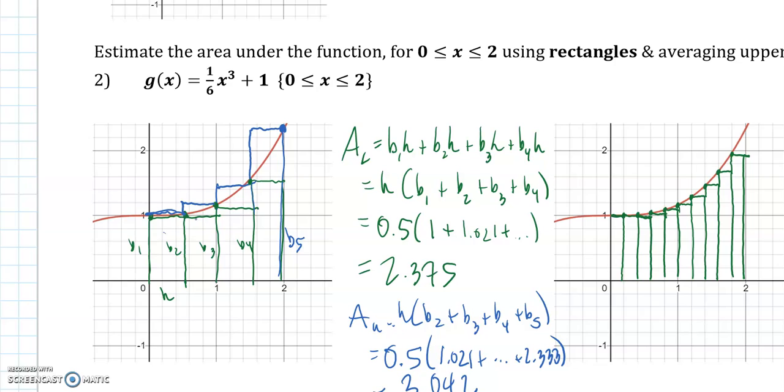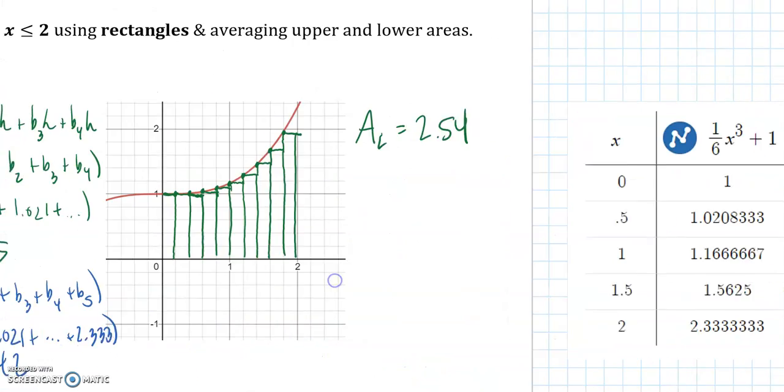I'm using the left-hand bases in this case, and I kept it with bases just to keep consistency in how we're doing this. I want to make 4 of those lower rectangles. Rectangles are base times height. So it's the first base times height plus the second base times the height plus the third, et cetera. Algebraically, they each have the same height, so I'm just going to factor out the height and add up the bases.